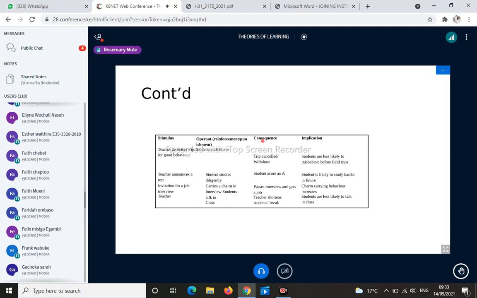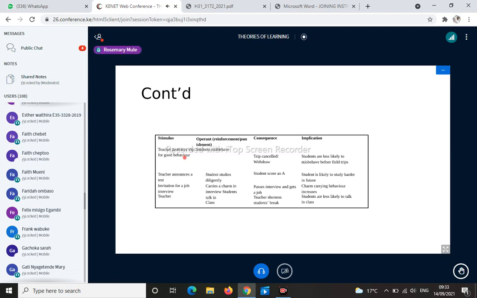In other words, what do we expect? And then the implications. I believe we are together. So what you cannot read well, let me read it for you. These are, we said they are real life examples of operant conditioning.